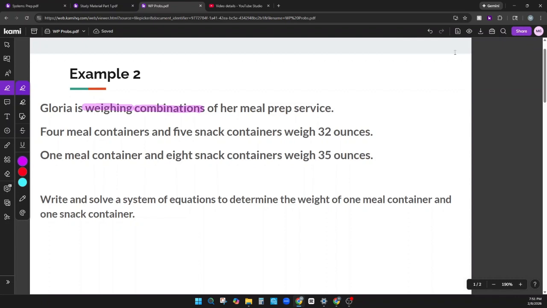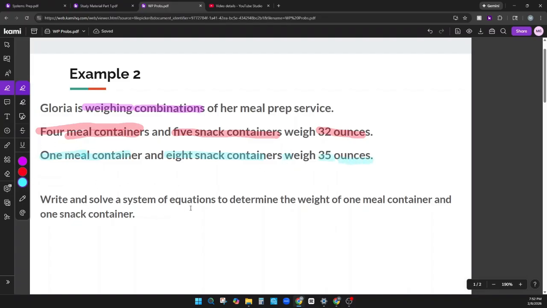Okay? So, our first part says we have 4 meal containers and 5 snack containers, and those weigh 32 ounces. And then we have 1 meal container and 8 snack containers, and those weigh 35 ounces.